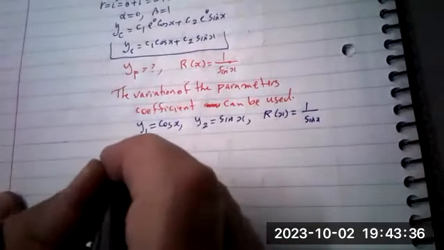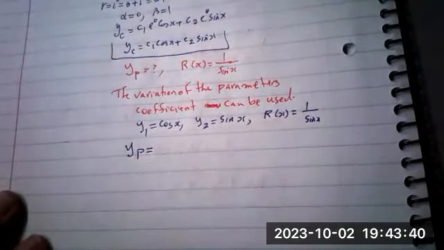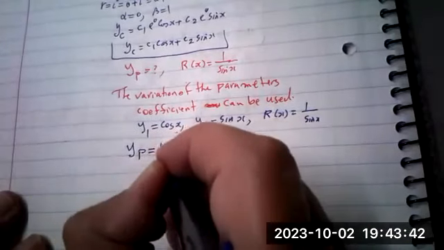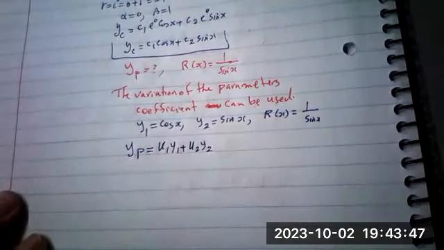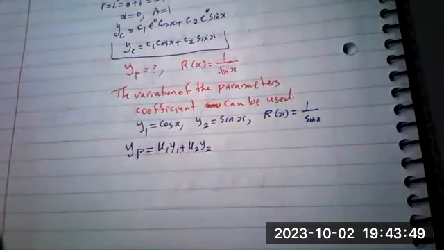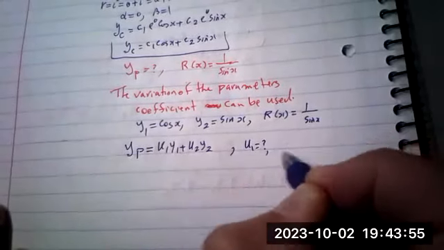What is the plan? yp is equal to u1 y1 + u2 y2, so you have to find u1 and u2.